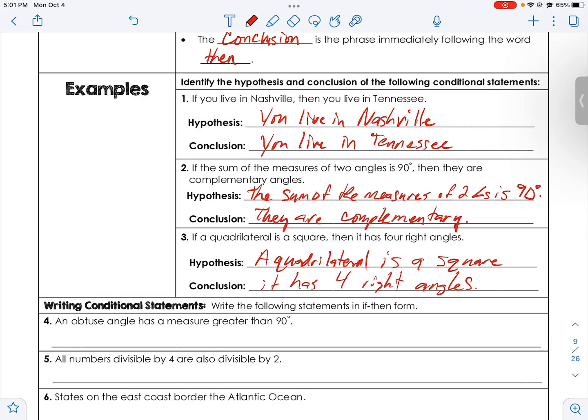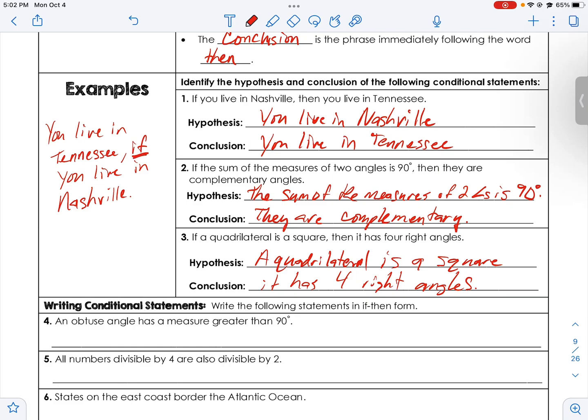Now, what I want to show you about that other if-then is that it's always the if part that follows. I could rewrite number one, for instance, as you live in Tennessee if you live in Nashville.